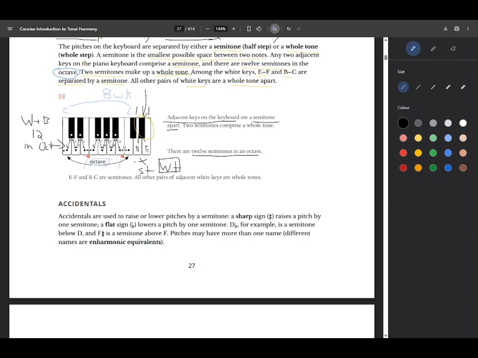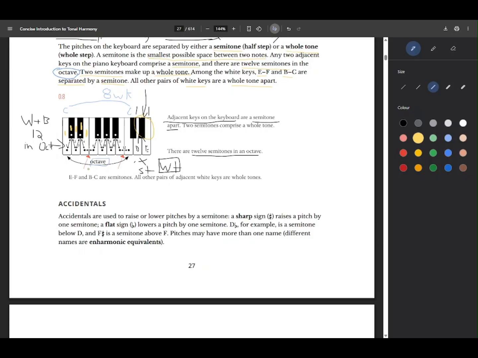You can see the relations of these semitones here. So this key, if you can see my cursor here, this key and this key, well, these are a semitone apart. This key and this white key, that's a semitone to here, a semitone to here.